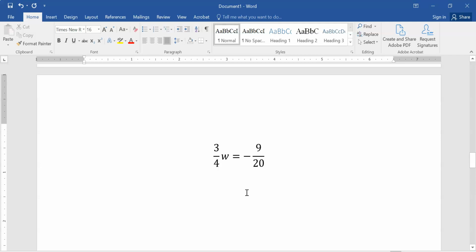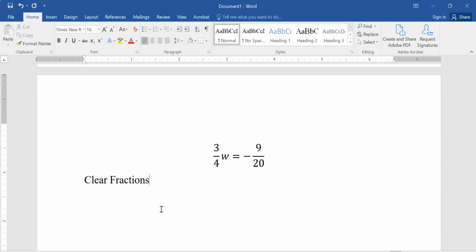That's fine. But what I like to do is something called clearing fractions. And this is going to help us not just in this example, but also in our next two examples. So we're going to clear fractions. Clearing fractions is basically just a simplification step.